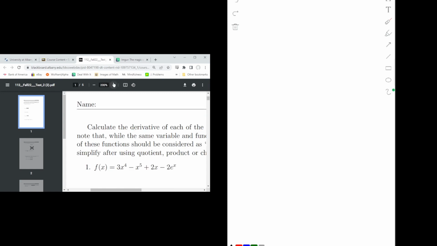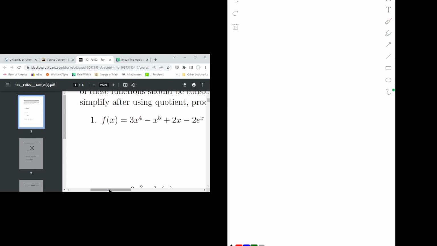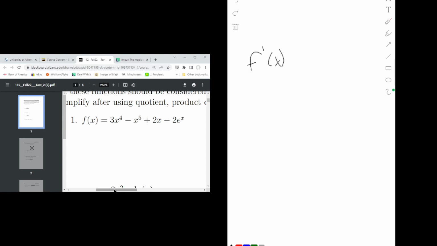I'm going to zoom in now so we can see the problems a bit more clearly. Number 1. Take this derivative. I'll do it in this color. F prime of x equals, I'll do it on the next line.